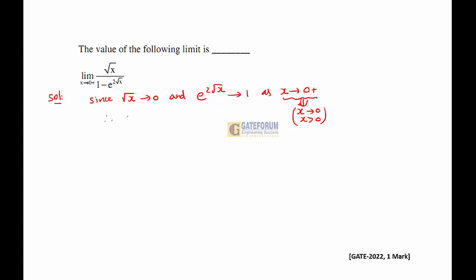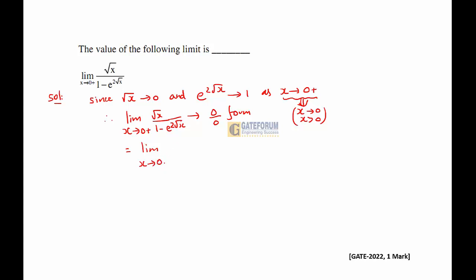Limit x tends to 0 plus root x by 1 minus e to the power 2 root x. This is a 0 by 0 form. So according to the L'Hospital rule, we apply L'Hospital's rule, that is, differentiate the numerator and denominator with respect to x.